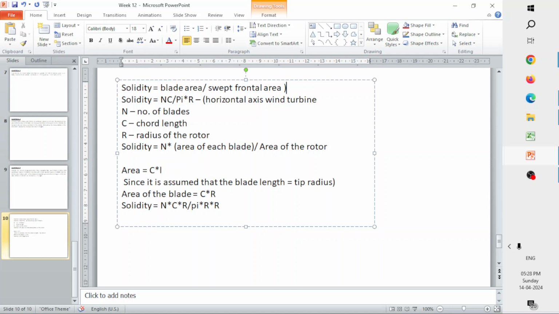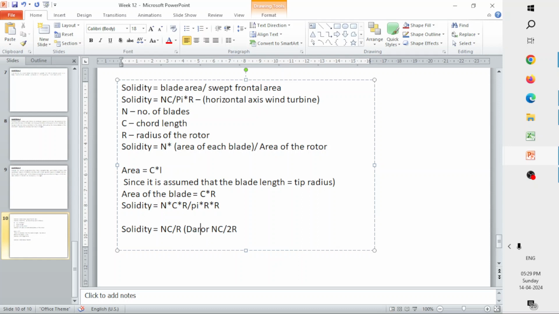In the case of a vertical axis wind turbine, it will be different. In that case, the formula will be solidity is equal to NC by R or NC by 2R. If you see this NC by R, this is only valid for the Darrieus type.